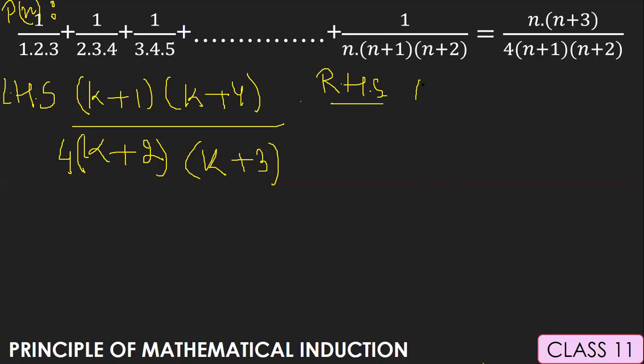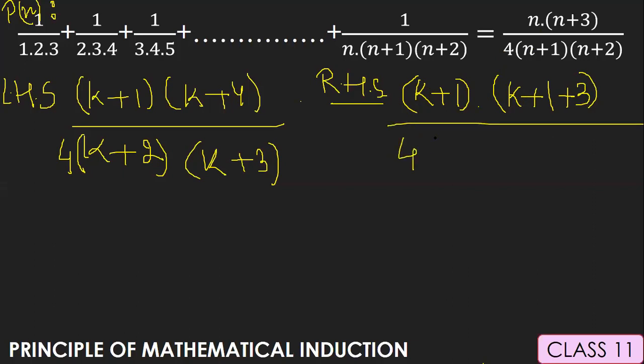So your RHS would be, instead of n, you need to put k plus 1. So k plus 1 into k plus 1 plus 3, divided by 4 into k plus 1 plus 1 into k plus 1 plus 2.